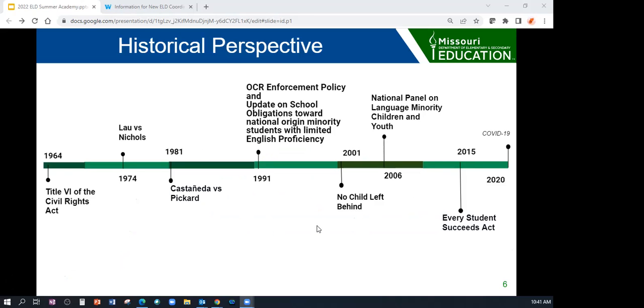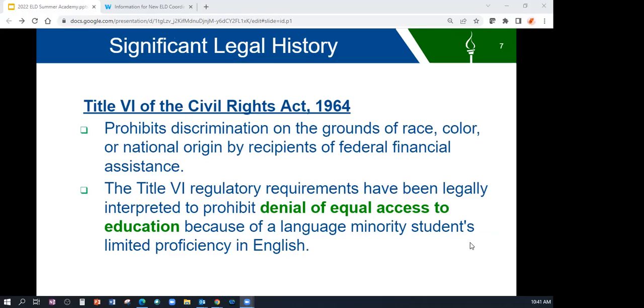So we're going to take a little bit of historical perspective on the history behind English language development. It got its roots in 1964 with the Title VI Civil Rights Act, and it has progressed even with some more recent changes in the last few years. We're going to walk through a few of these and what they mean to us and how they help our English language learners. So the first one is that Title VI of the Civil Rights Act happened in 1964.